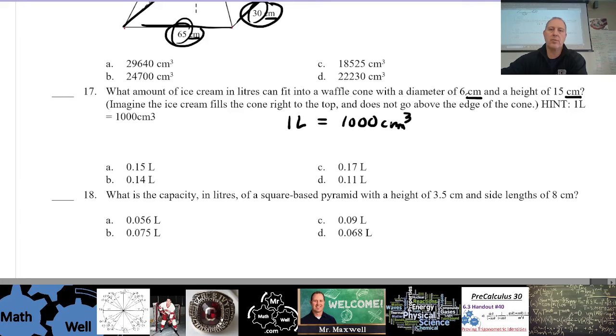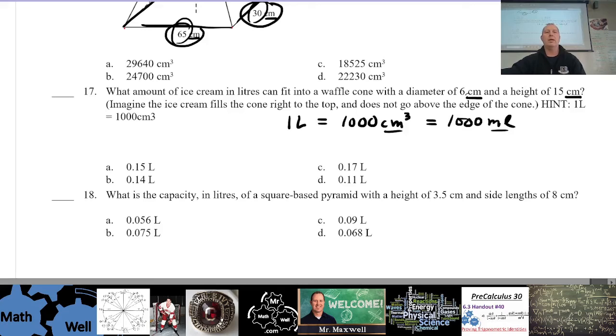Please make sure you remember that, because some of you were a little unaware of that. 1 liter is 1,000 centimeters cubed, which is the same as 1,000 milliliters. So 1 milliliter and 1 centimeter cubed are the same volume. Okay?